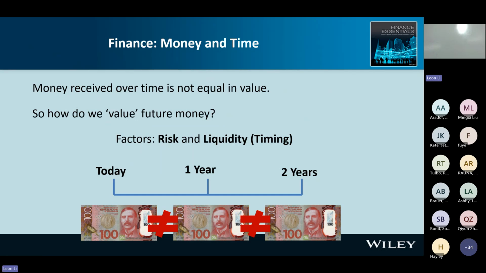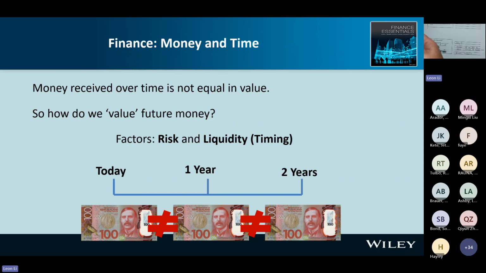All right. The reason is here. So let me give you 3 reasons. One, return. So if you receive the money today, you can use the money to earn return, or money can earn money. Second reason is risk. Future money will involve risk.